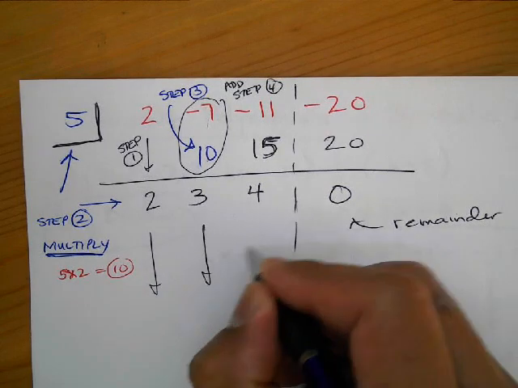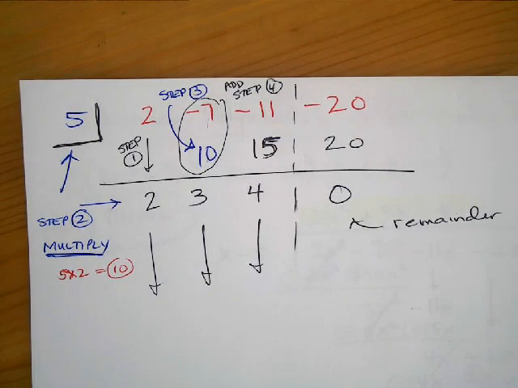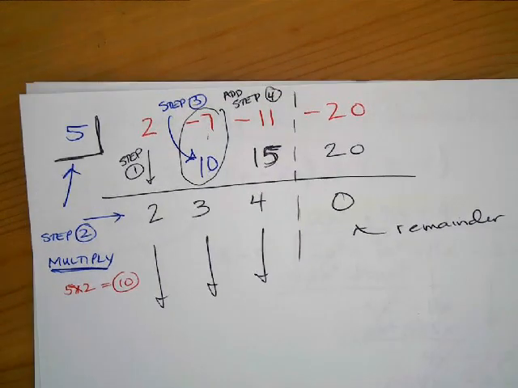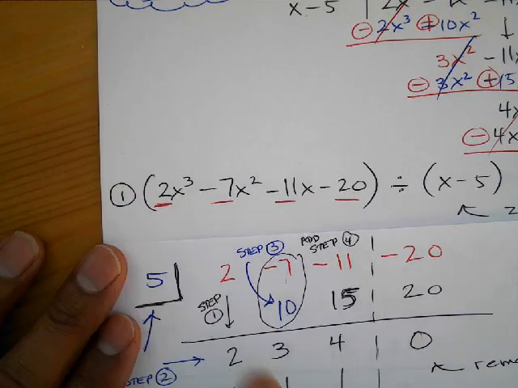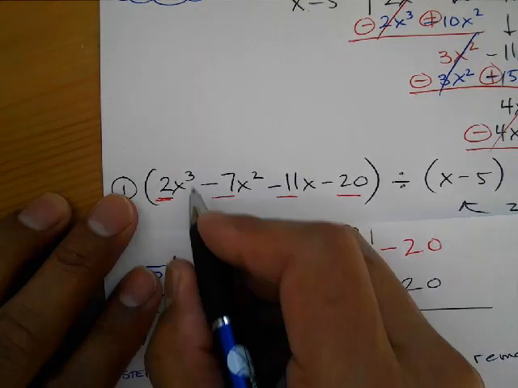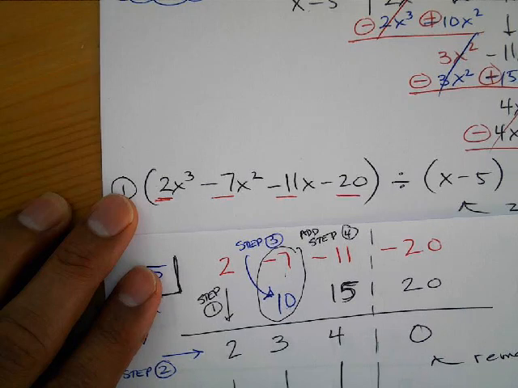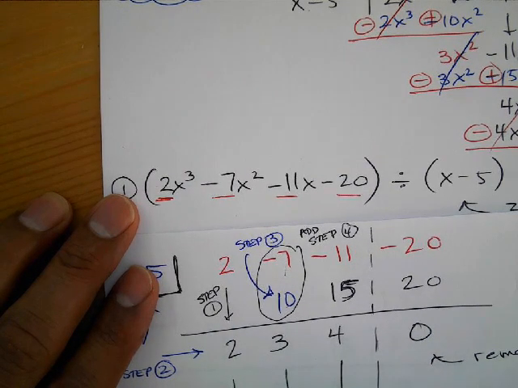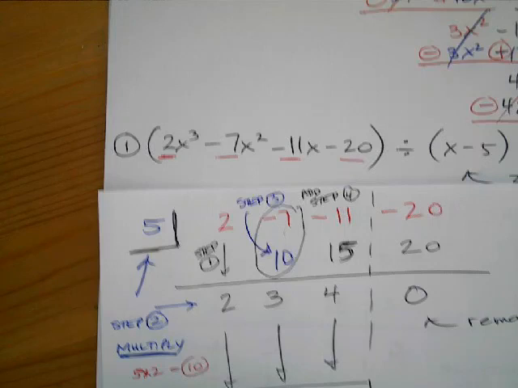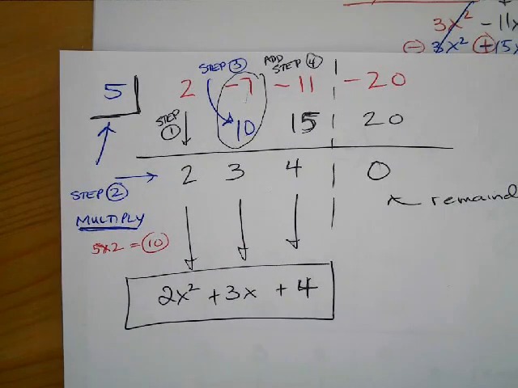And this would be usually your remainder, but here it's a 0, so I don't have to worry about it. This is where you get these numbers, and then you write it 1 degree less. So remember, this was 2x cubed. So now this is going to be what? 1 degree less, so that'll be 2x squared plus 3x plus 4.